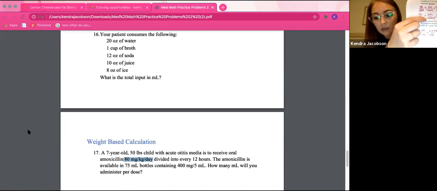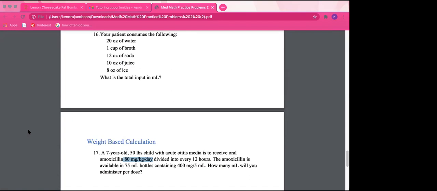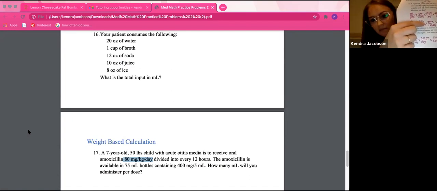That is something that we are certain of, and this is what we do have. But of course, we're going to want to get rid of these milligrams. So we're going to go back up to what we need to give this child. So he is going to need to have 80 milligrams, and that's going to be for every kilogram per day.